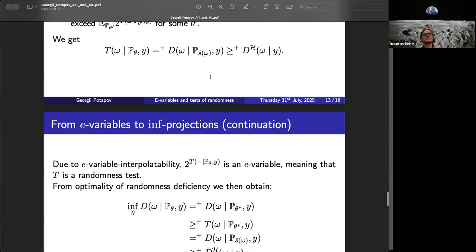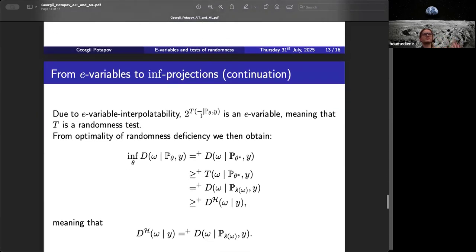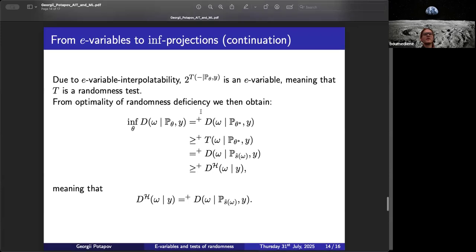So we could aggregate it, interpolate it, and claim that 2 to the power of our function is also an e-variable. So we have a lower semi-computable function that's an e-variable, meaning that it is a Levin randomness test. Then we can apply optimality of randomness deficiency to prove that it should be at least equal to the test that we constructed.